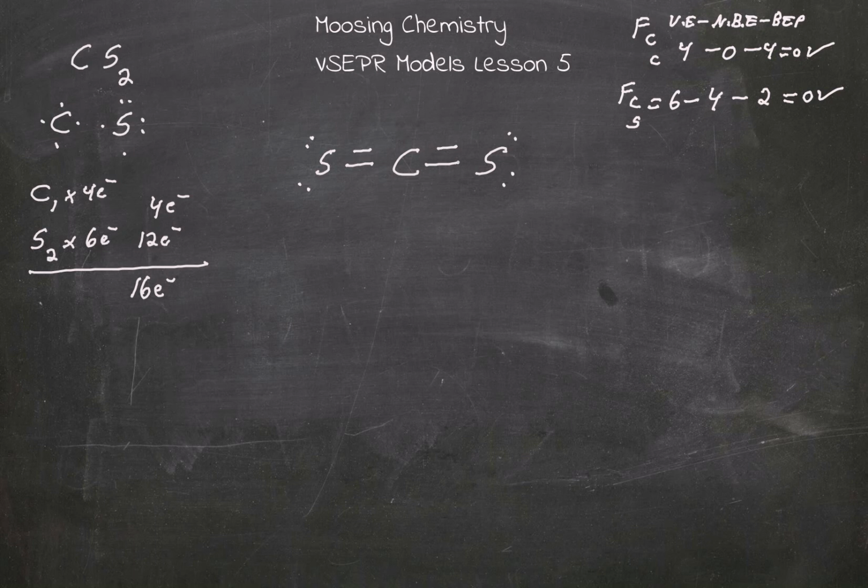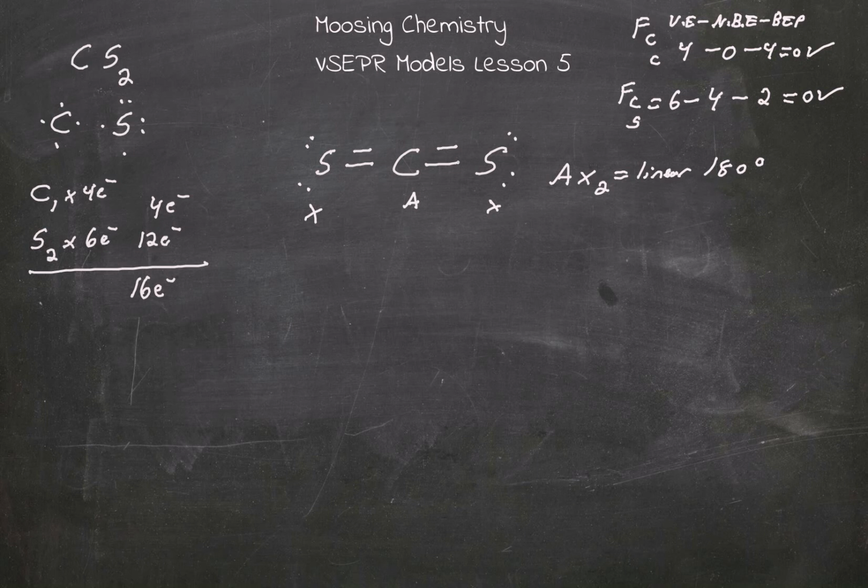Now let's look at the VSEPR model. So the core is A, this is X, this is X. We don't have any unshared pair in the core, so it's all done. So we call this AX2, which is a linear structure, and it has bond angles of 180 degrees. Now let's check for the hybridized atoms.